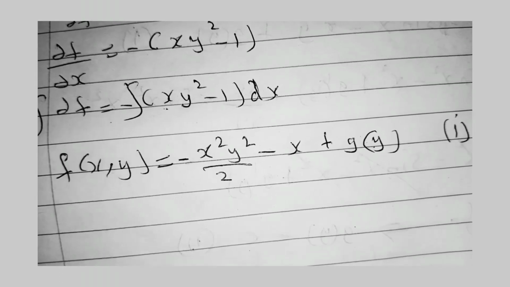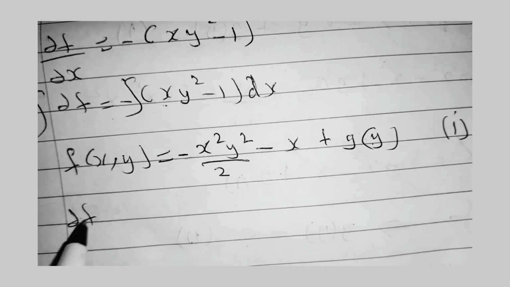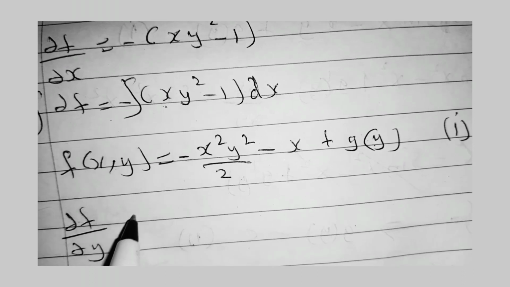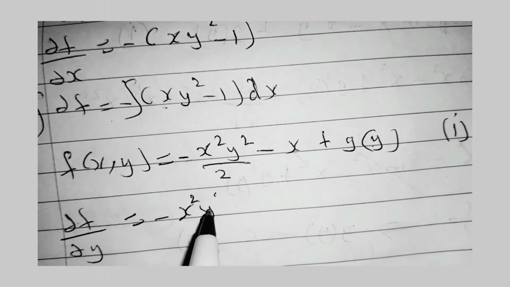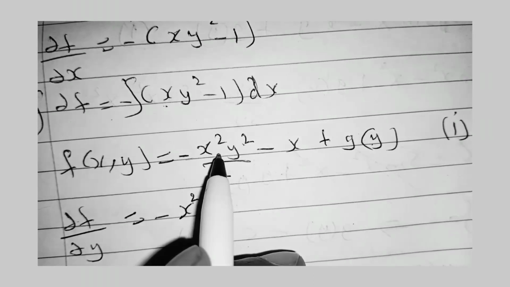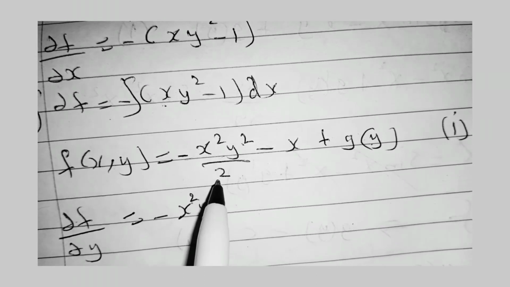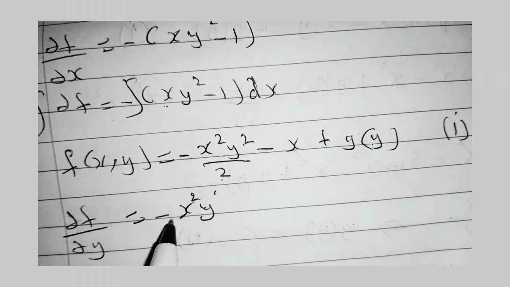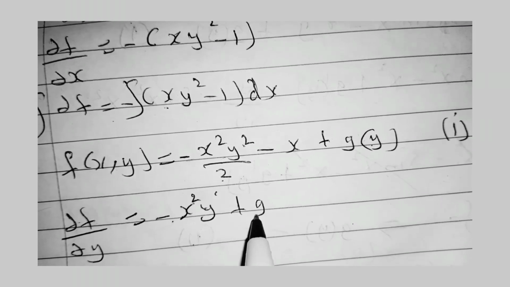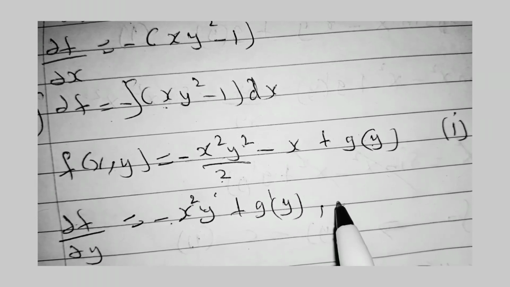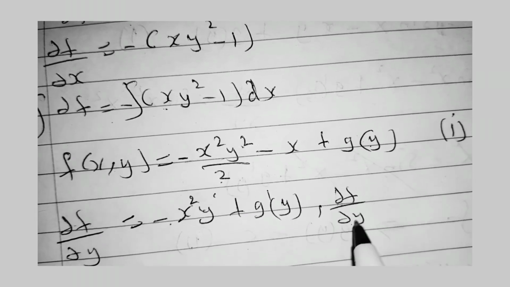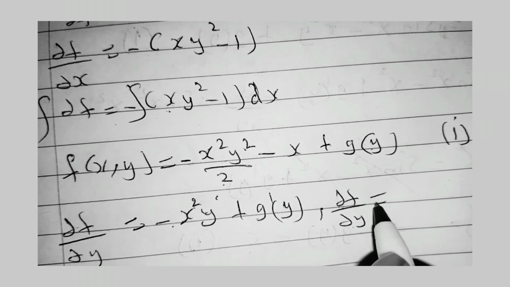Then you differentiate equation 1 partially with respect to y, to get the following. This will give you negative x squared y, because this y you multiply by 2 and you divide by 2 to be left with this, plus g prime of y. Then you compare with this, df by dy, which was given.